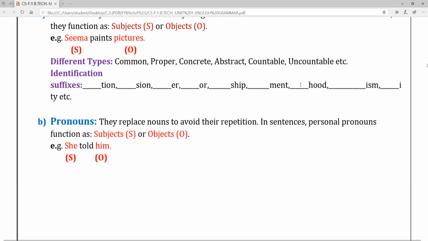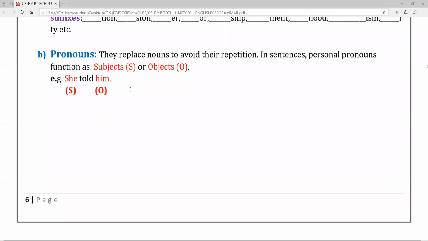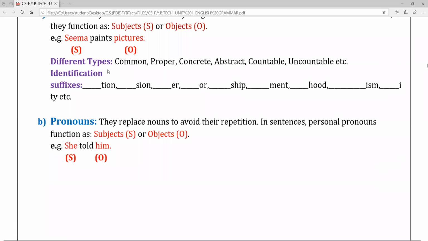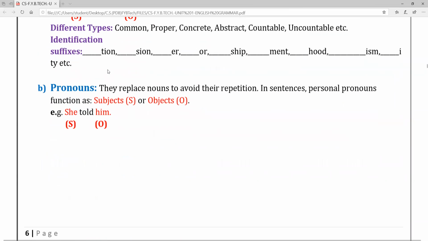If child is the word, and we add hood, then it becomes childhood. So these are the suffixes. When these suffixes are added to root words, they produce different nouns. These are some of the tips to identify nouns.